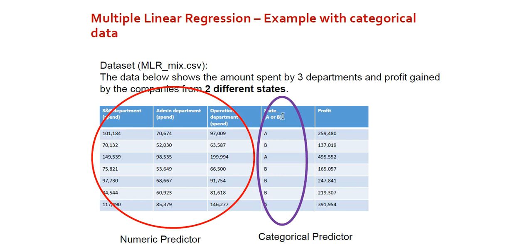This time round we also have a state, either A or B. So we want to know the amount spent by the three departments and also the profit gained by the companies from different states. We have state A and we have state B. For state A, we want to see how much profit gain there is based on spending from these departments, and for state B, how much is the gain based on spending from these departments. Okay, so in this case we have these numerical predictors and we also have this categorical predictor.